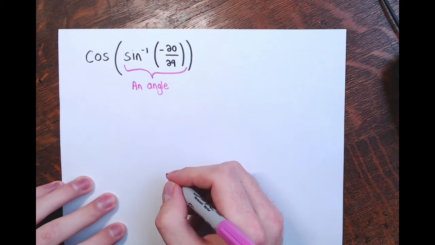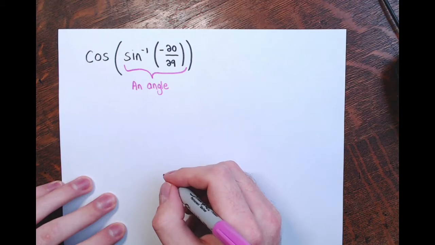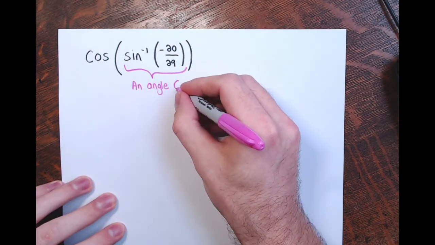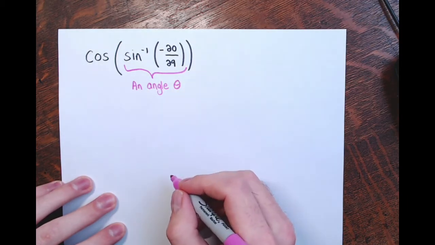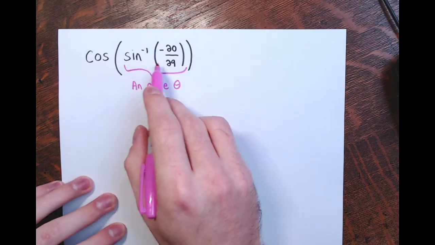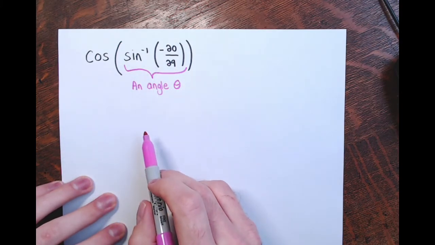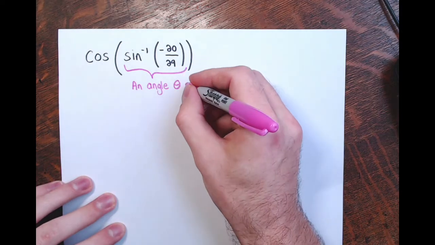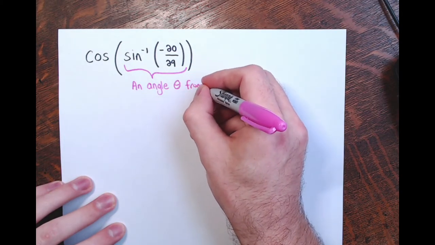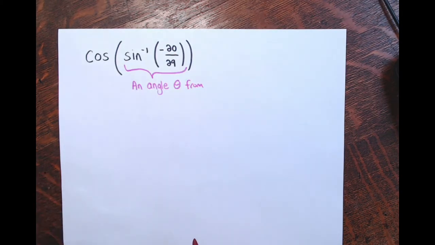It's an angle. And I'll give it a name, just like I would with any angle. Say theta. And it's an angle theta that would be between negative pi over 2 and pi over 2. Remember the range from section 8.3 part 1.